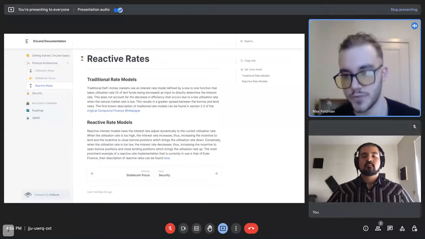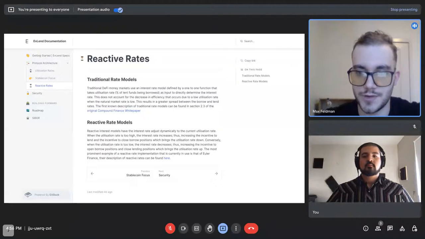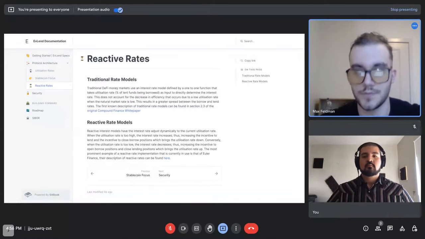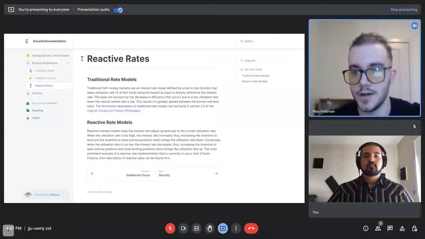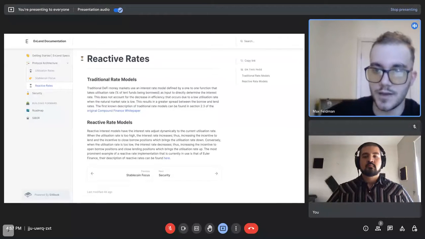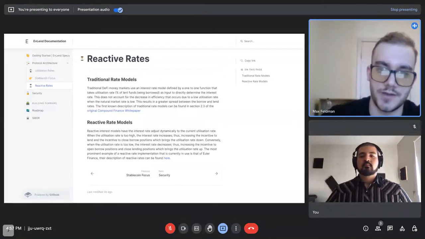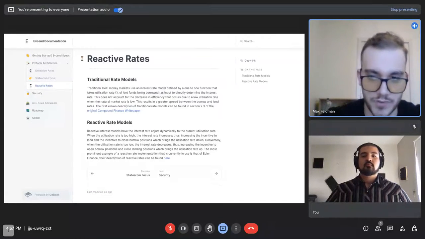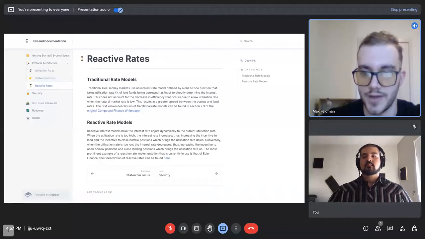This is suboptimal because ultimately what winds up happening is the utilization rate, in a sense, determines the interest rate, rather than the interest rate determining the utilization rate, which is the other way around. So if natural market conditions wind up resulting in a low interest rate, this will mean that the utilization rate is also low, that the spread between the borrow and lend rates is going to be large, and this is suboptimal from the perspective of the protocol because the rates are going to be less competitive.